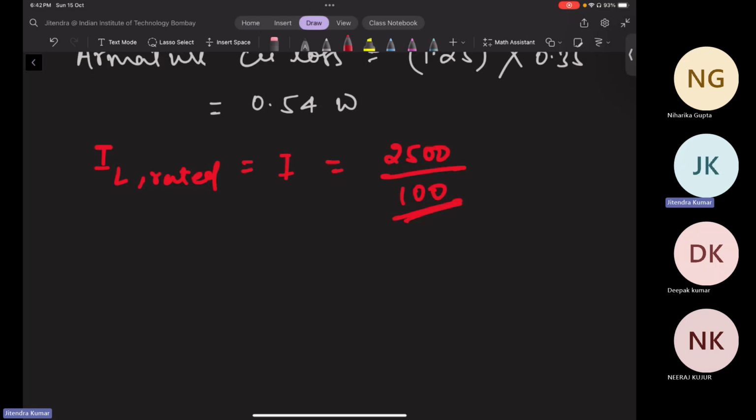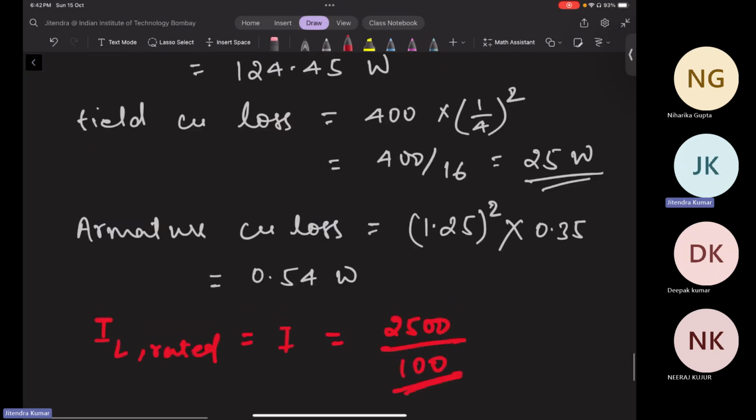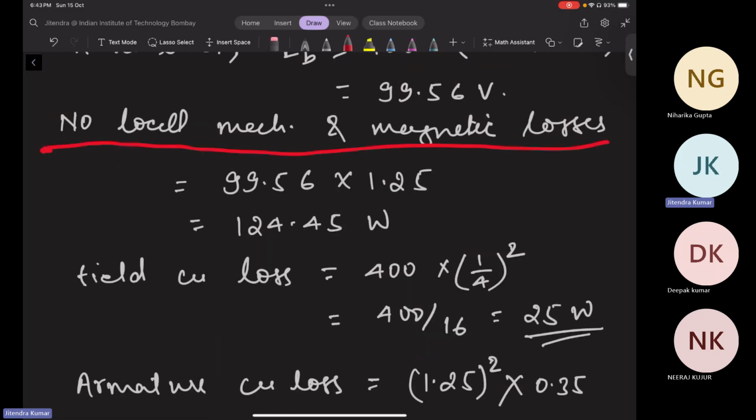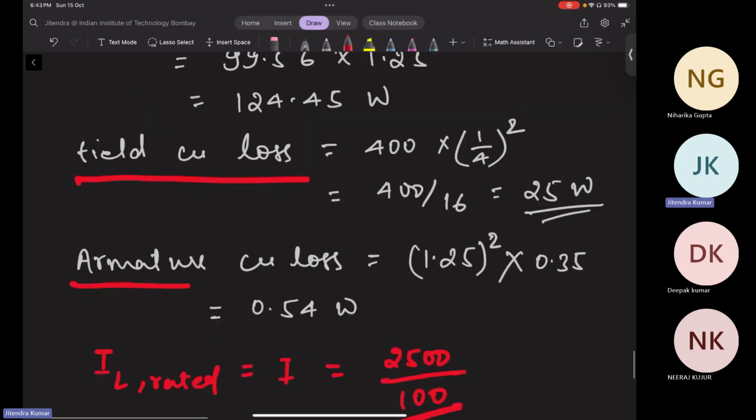Anyway, we have calculated all the no load losses, right? The no load rotational and magnetic losses will be the same, and field copper losses will be the same. Only the armature copper loss changes, isn't it? Yes, sir.